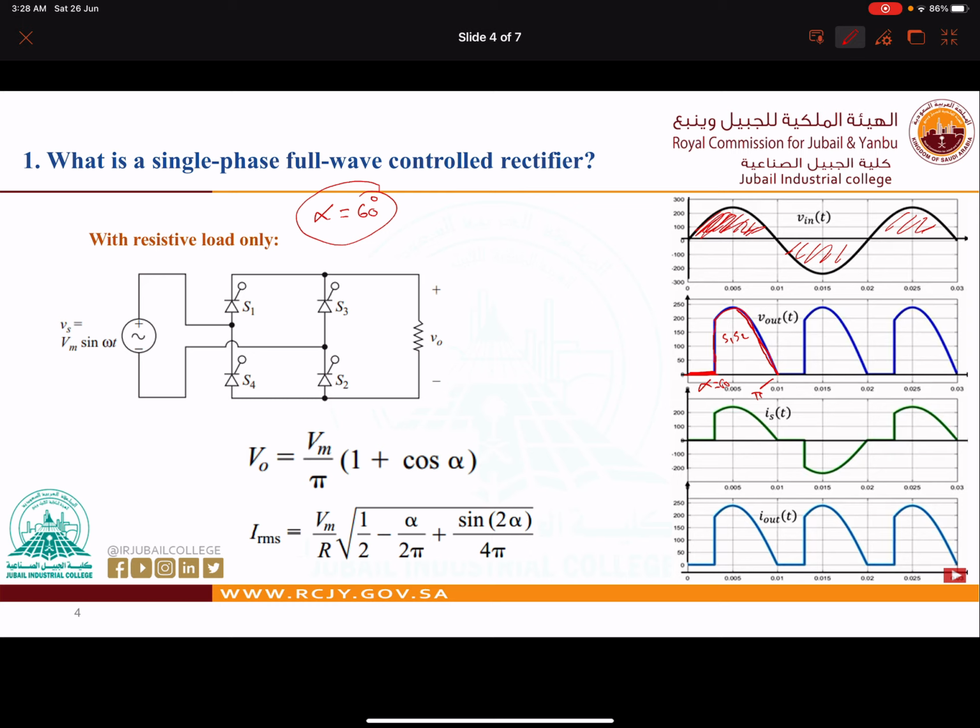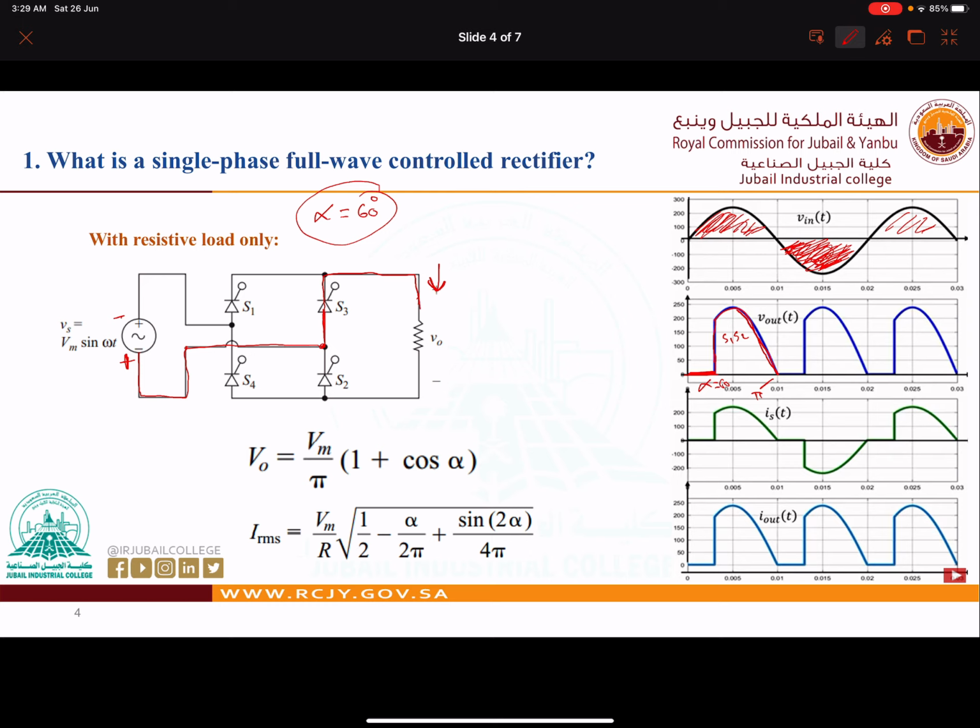Now, in case of the negative cycle, as you can see on the right side, we will have positive from the supply at this terminal and negative here. So the current will go through S3, because S3 is forward biased, and S2 is reverse biased. It will go through the load from the positive terminal.